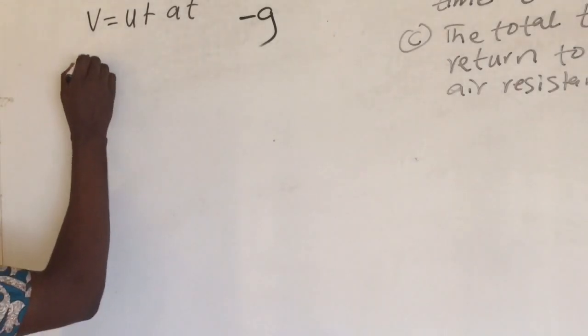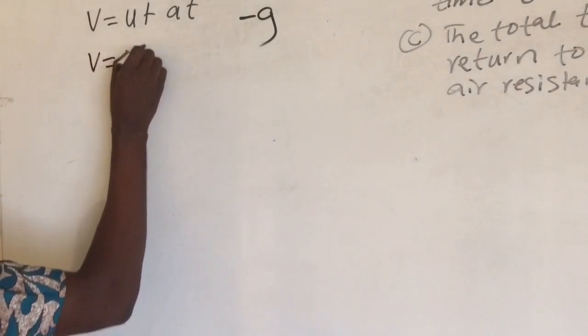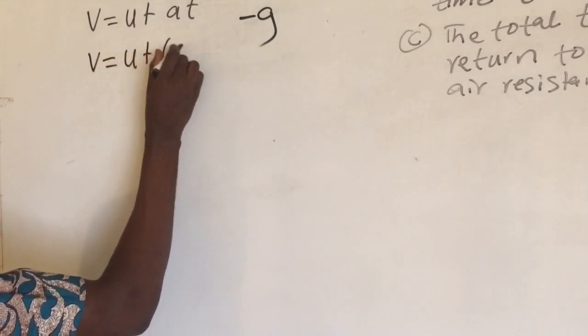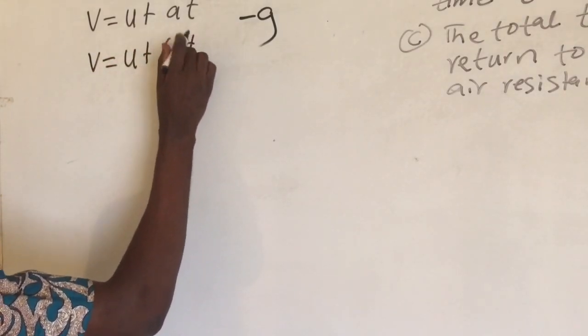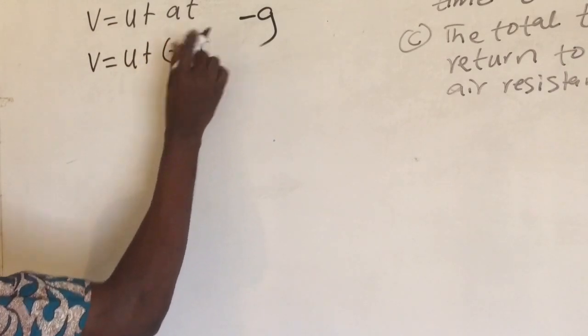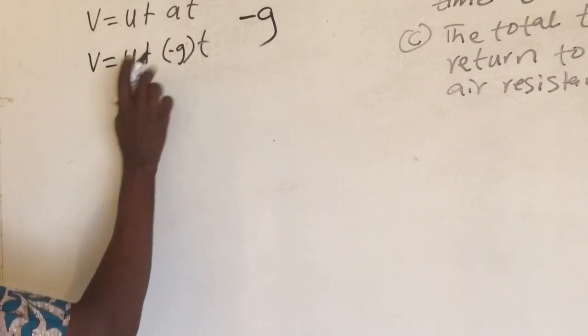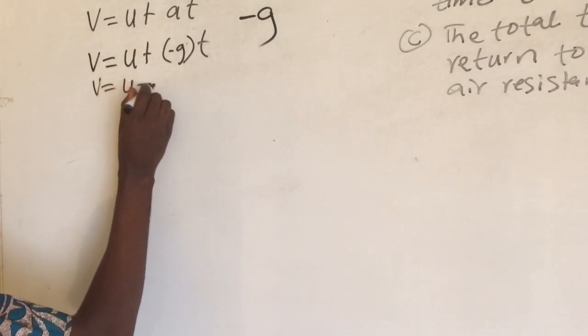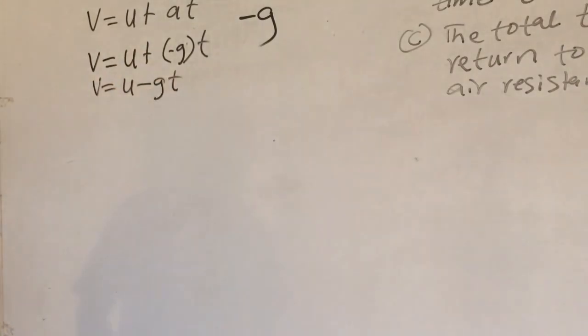We now have V equals U plus minus GT, minus GT. Plus times minus is minus, so V equals U minus GT.